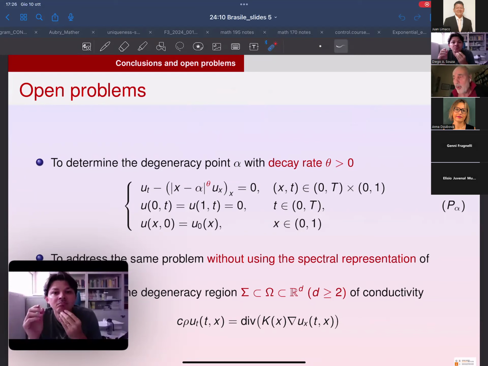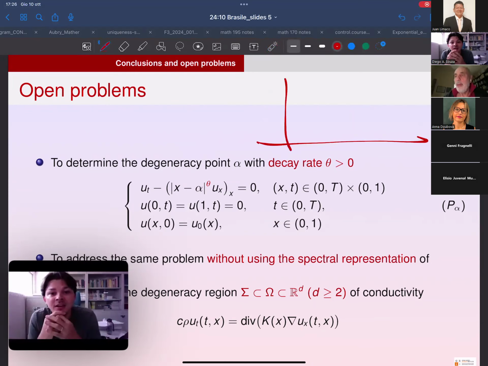But if one of the points is not strong, if the degeneracy of one of the points is not strong... Yeah, but also you have, for instance, the problem of the initial data. Your initial data is given on the interval, let's say 0, 1.